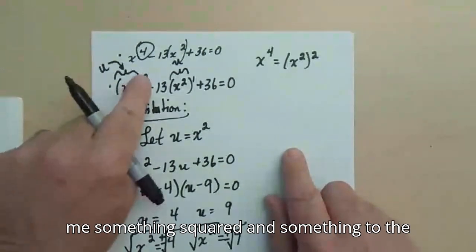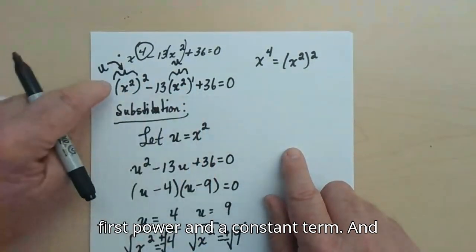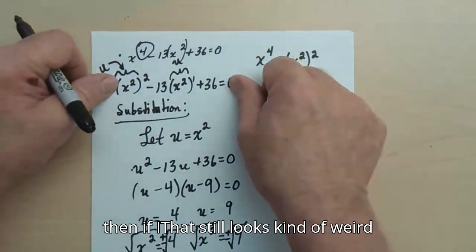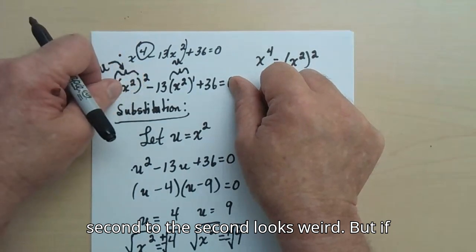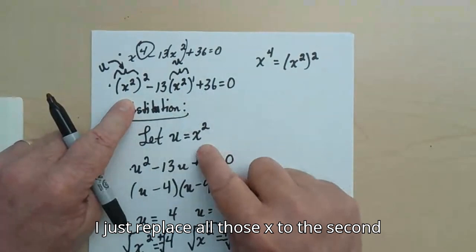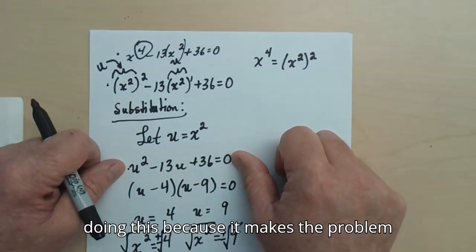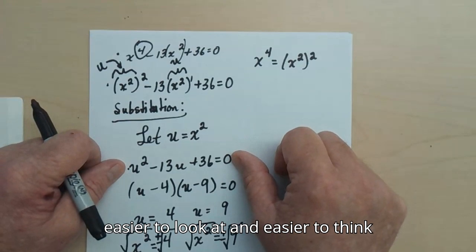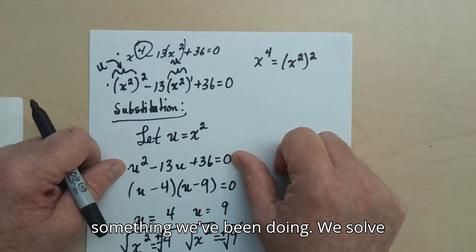And so that gives me something squared and something to the 1st power and a constant term. And that still looks kind of weird because x to the 2nd squared looks weird. But if I just replace all those x to the 2nd powers with u, I'm only doing this because it makes the problem easier to look at and easier to think about, right? Because now it looks like something we've been doing.